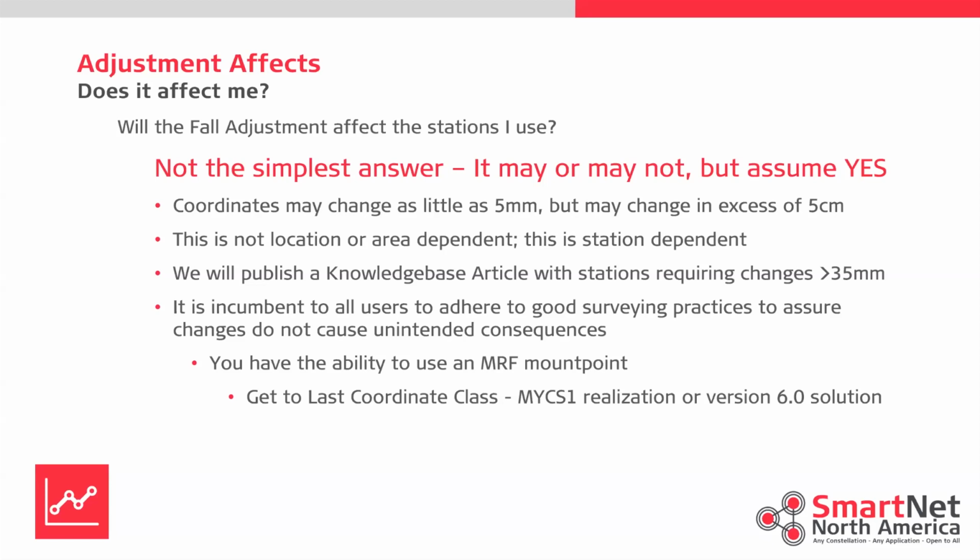One station may have a new coordinate, it's not really moving, and another station may not have as big a change. Again, we will publish a knowledge base article with stations requiring changes of greater than 35 millimeters. But again, it's incumbent on all users to adhere to good surveying practices to assure changes do not have unintended consequences. So check into control. Be prepared to update your localizations, your transformations, your calibrations.